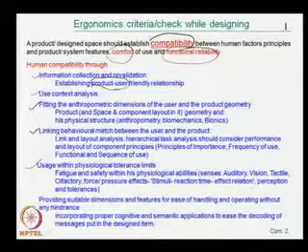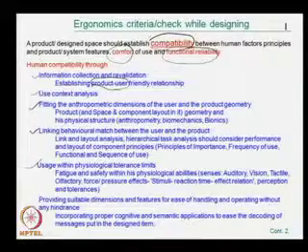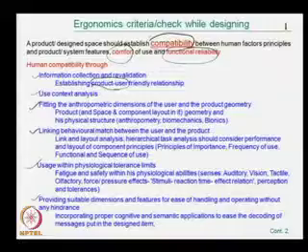And then perception and tolerance limit: how we perceive things, form, shape, size, presentation as a whole, and the tolerance limit, how much I can tolerate these things. So, this is within the physiological tolerance limits. Another thing is providing stable dimensions and features for ease of handling and operating without any hindrance.